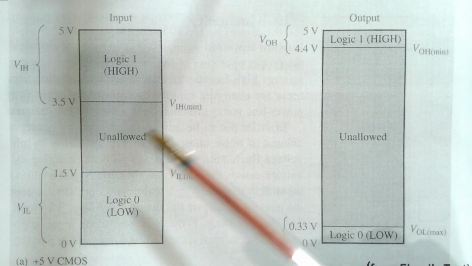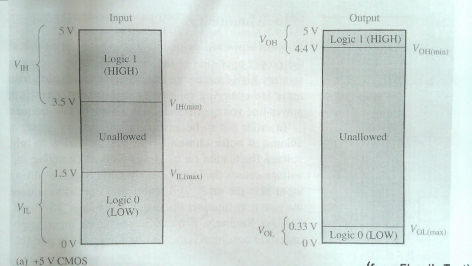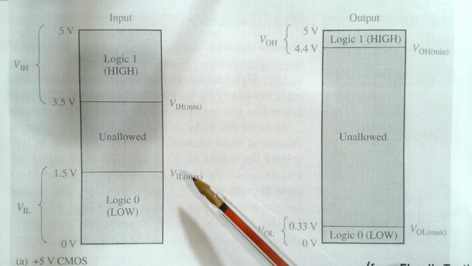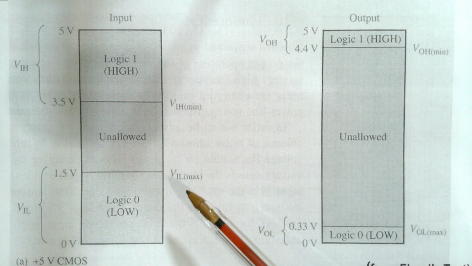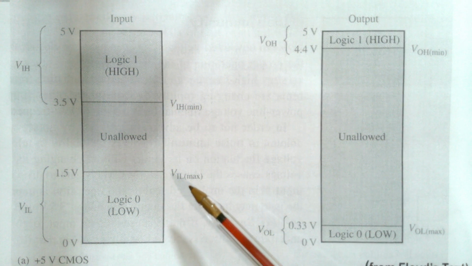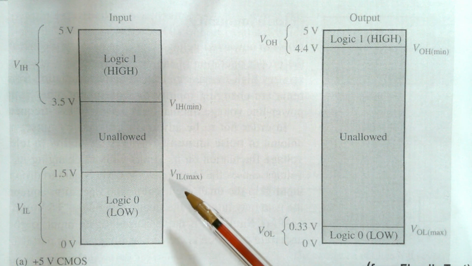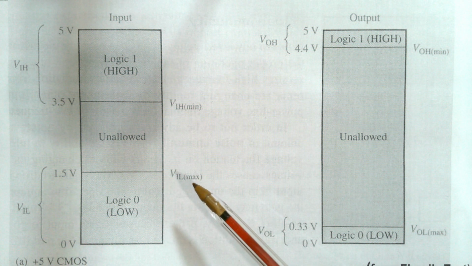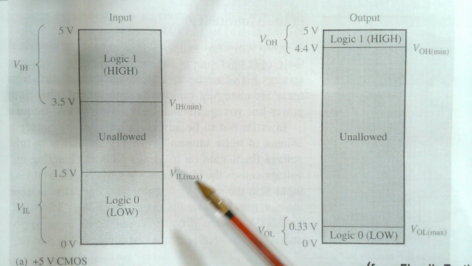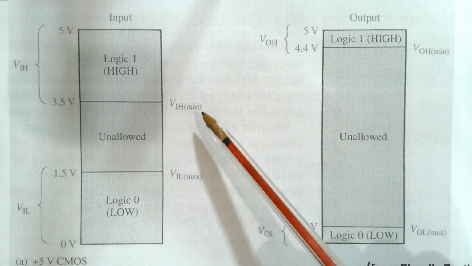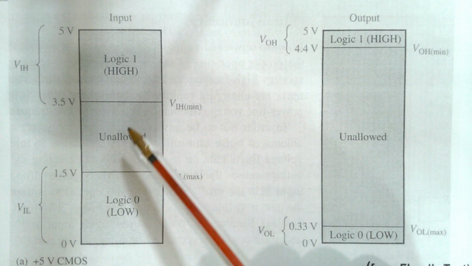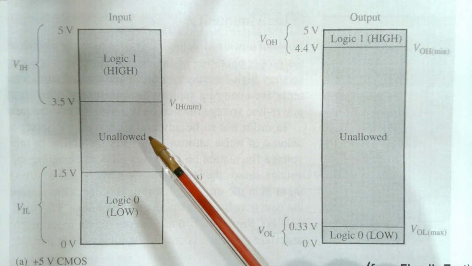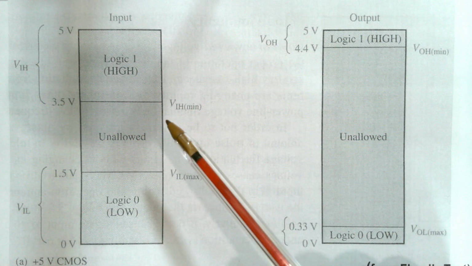And we also have an unallowed range. Keep in mind we have VIL max, which is the maximum voltage that would be interpreted by this technology as a logic 0. And we have VIH min, which is the minimum voltage that should be applied to this technology for it to interpret the value as a logic 1.